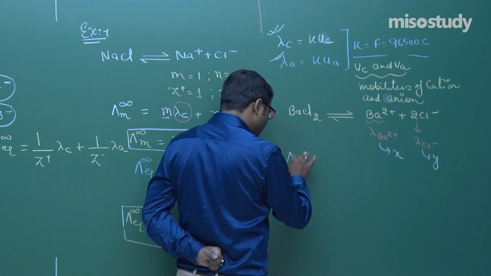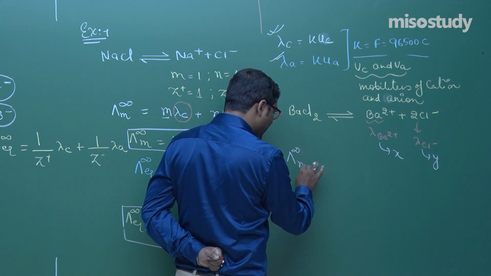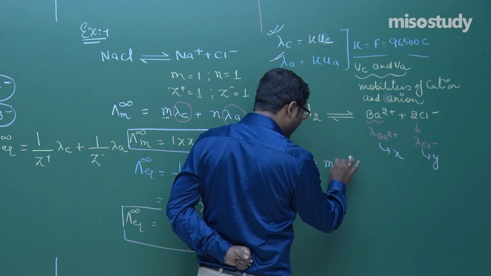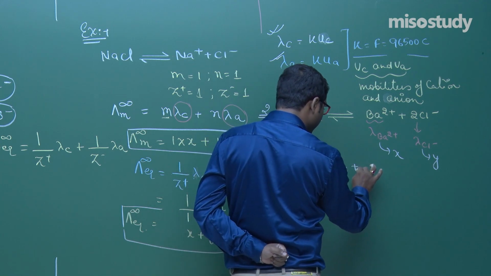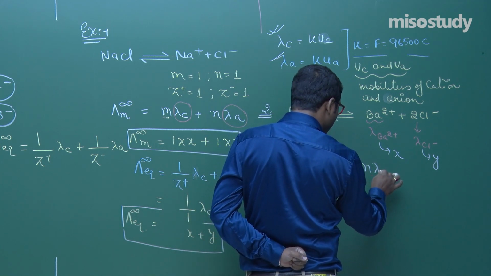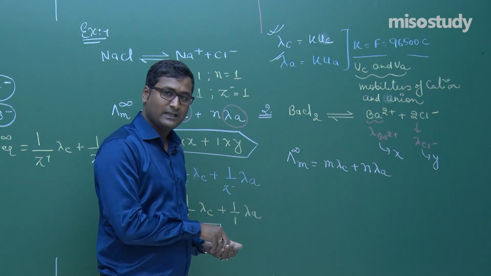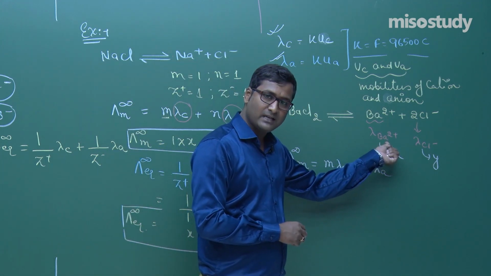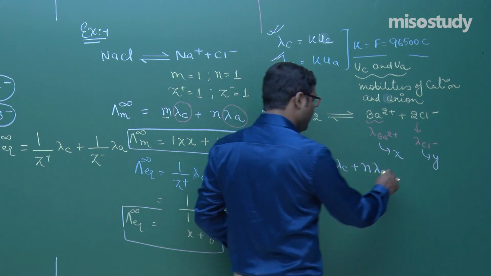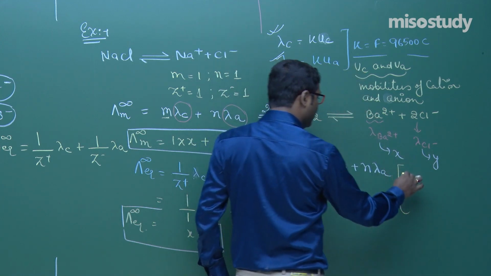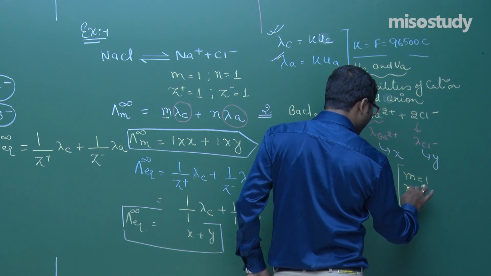The molar conductivity at infinite dilution is equal to m into the ionic conductivity of the cation plus n into the ionic conductivity of the anion. This is the cation, Ba2 plus, and this is the anion. Now what is m here? Nothing before it, that is 1. What is n here, my friend?